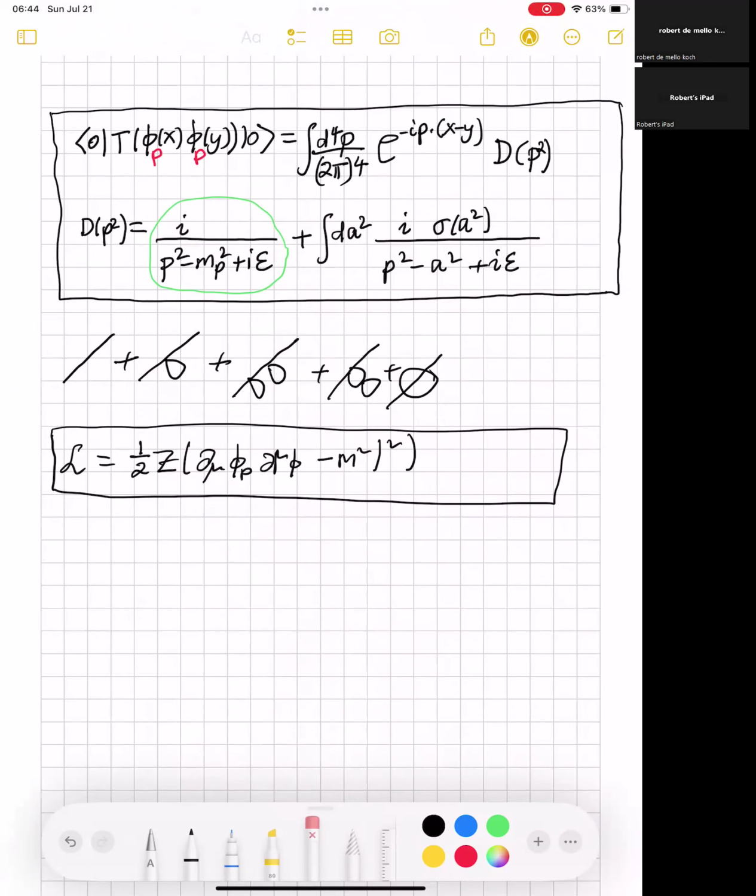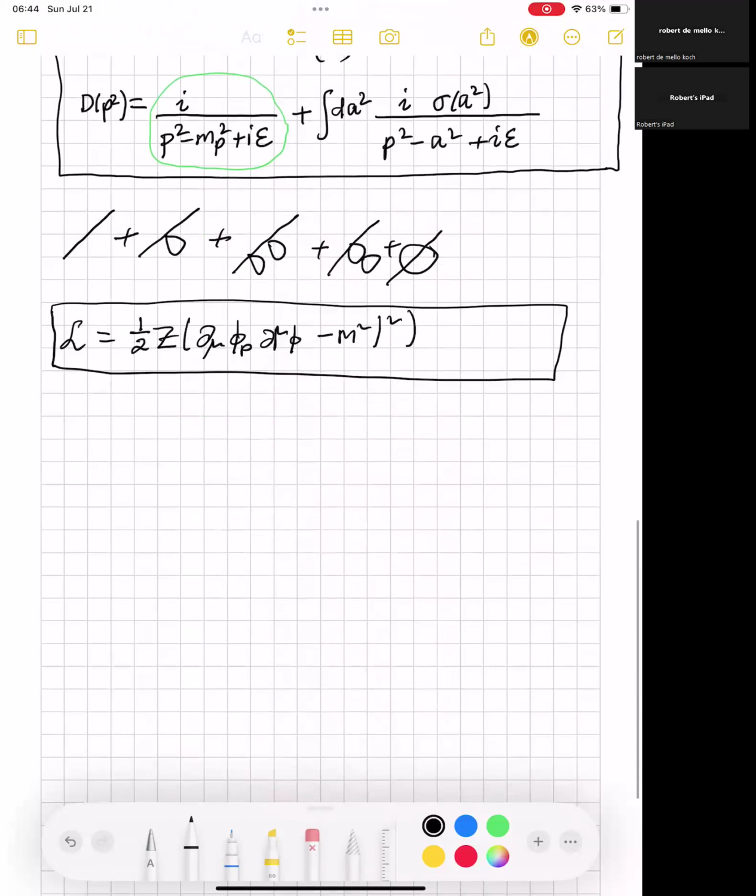I'm just going to say how the Feynman rules change when we change phi into the physical field.